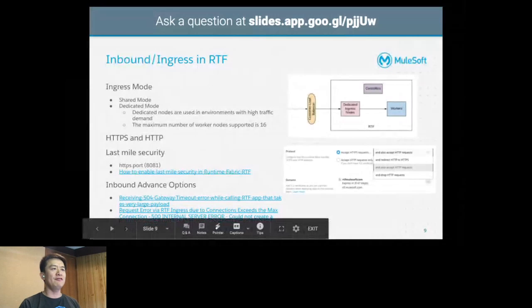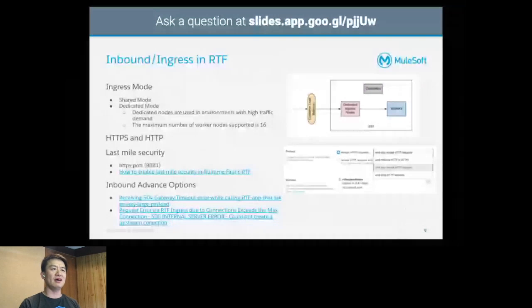By default, Ingress is installed with the other RTF components on the controllers. It's called shared mode. Now you can install it in dedicated mode. That means it is installed on dedicated nodes separate from the controller nodes.